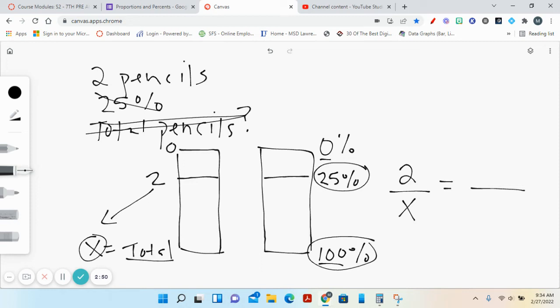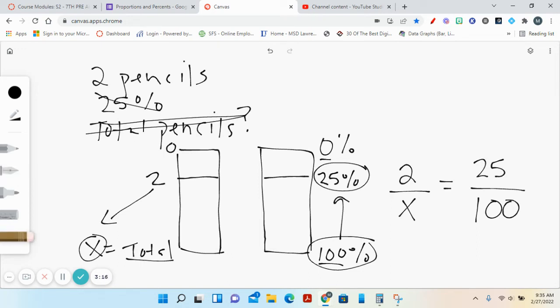Then on the other side, 100 is always going to go in the bottom right hand corner, because percent actually means out of 100. Anytime we have a percent proportion, it's always out of 100. So we have that 100 in the bottom right hand corner, and above 100, we have our 25%.